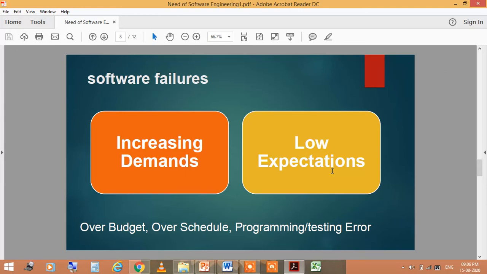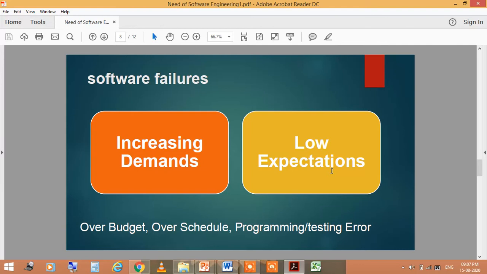Where there is a need of something which you really require for our software, and there is a low expectation, like, okay, I think the software which I have is not working properly.